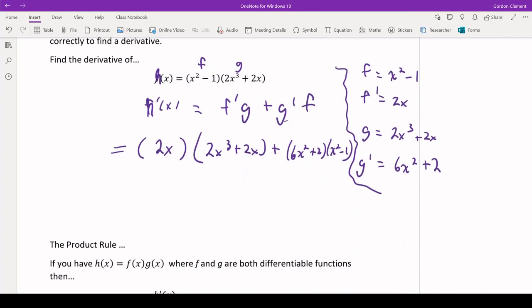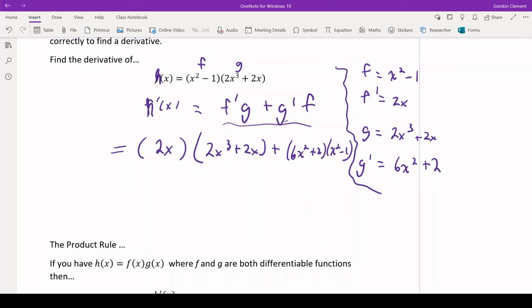You do the f prime g plus g prime f. Even though it would be the same if you did g prime f first and f prime g second, I want you to memorize it in this order, because the rule that I show you in the next video is going to have a subtraction instead of a plus when we do quotient rule, so the order will matter there. So let's just make the order matter now.